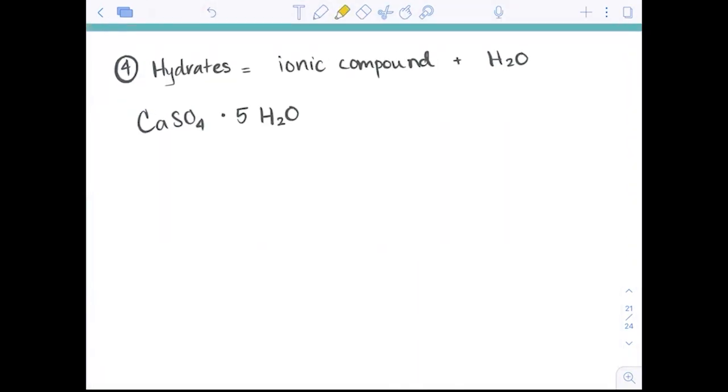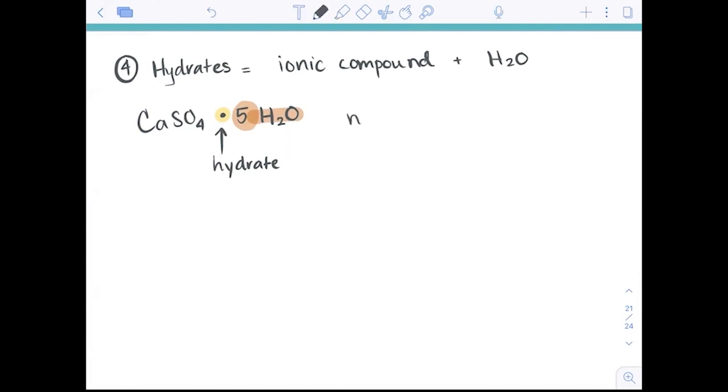Some things to note: there's this dot. That's the hydrate dot. That raised dot is there to identify that we have incorporated with our calcium sulfate 5 H2O molecules.